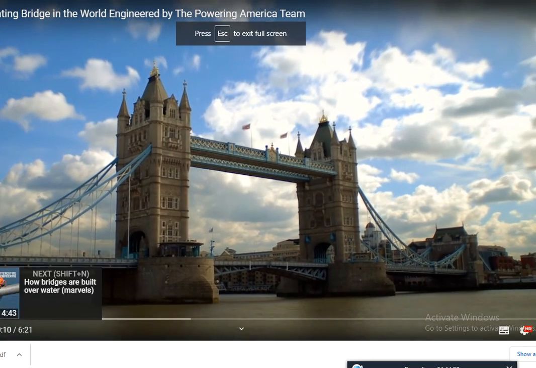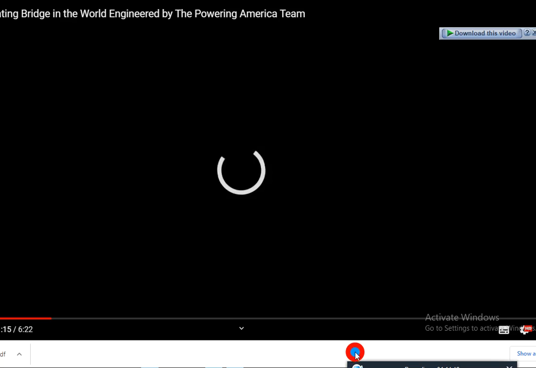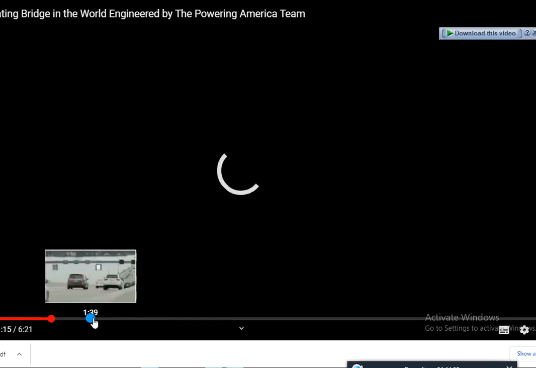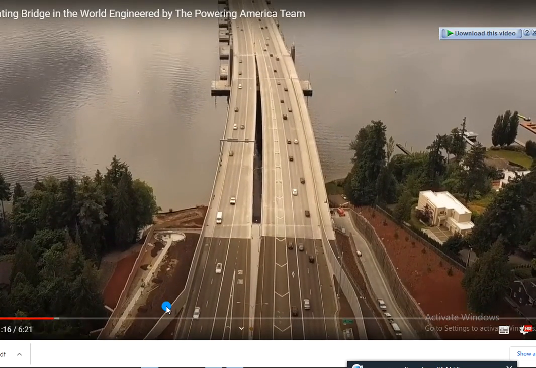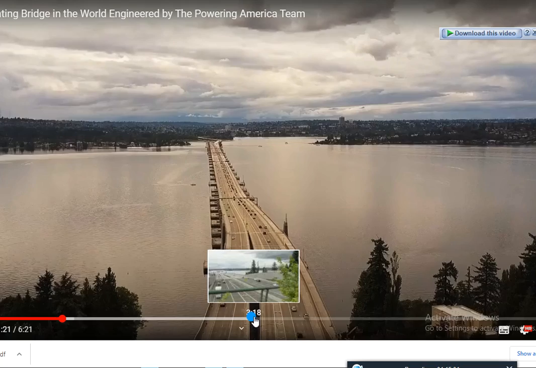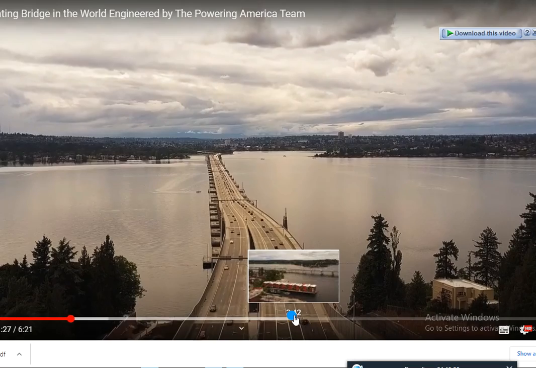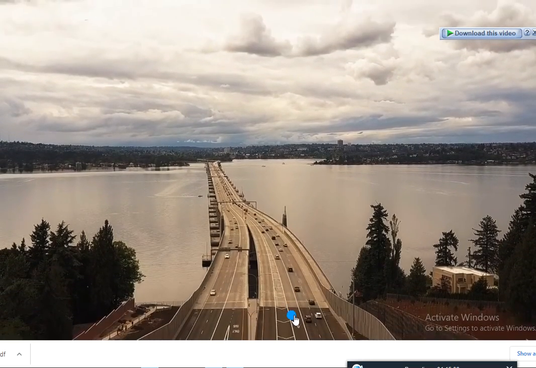All of the most famous bridges in the world are anchored to the earth. The new SR 520 floating bridge is dramatically different, both from a construction standpoint as well as the way it was engineered to carry up to 150,000 cars a day.